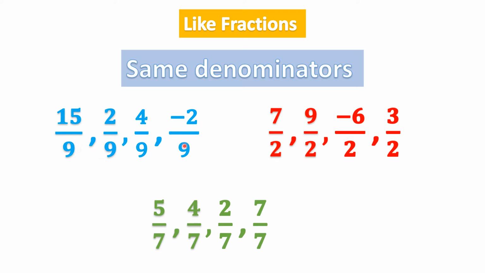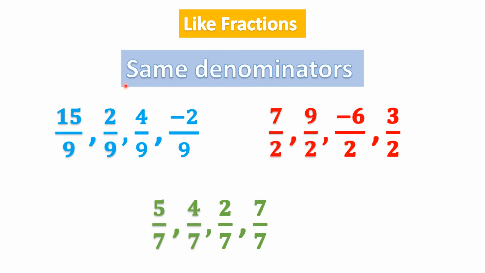You can see that they have the same denominator 9, right? Now you can see that this also has the same denominator 2. And you can see here that this set of fractions have the same denominator 7, right? So all those fractions which have the same denominator are called like fractions, okay?